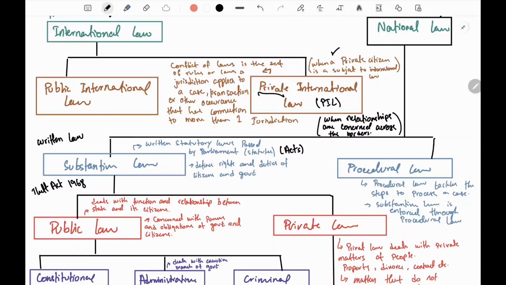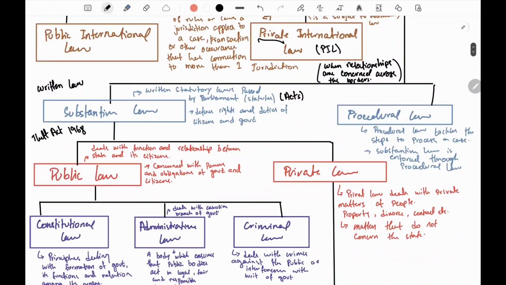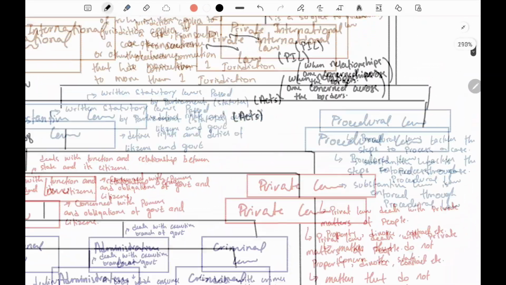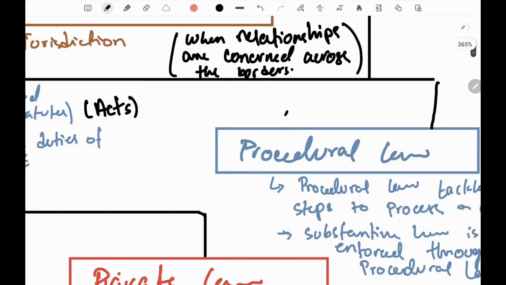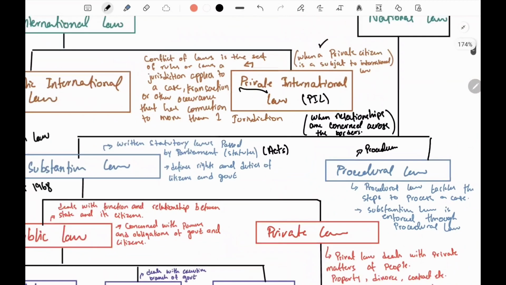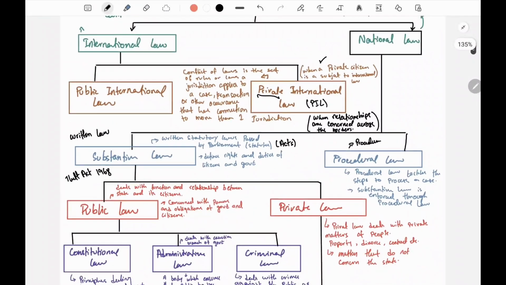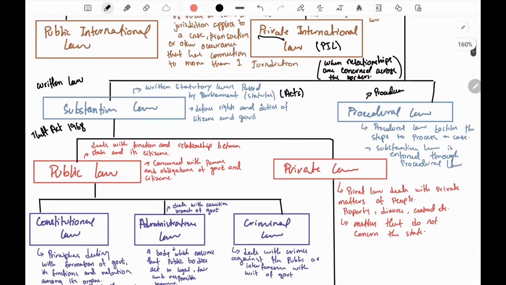How the police will investigate or how the court will deal with it, that all will be considered in procedural law. Procedural law is like the procedure, if you can remember it by that.